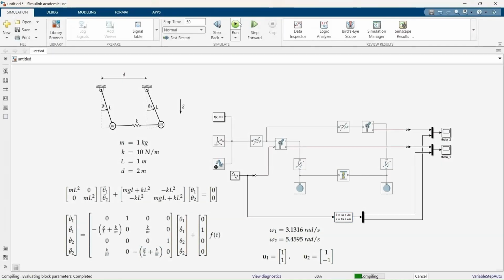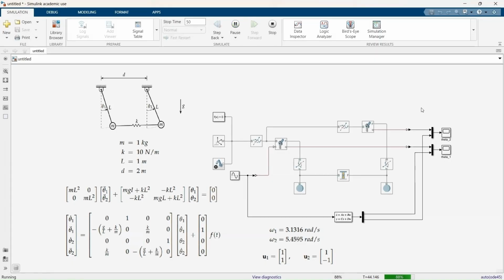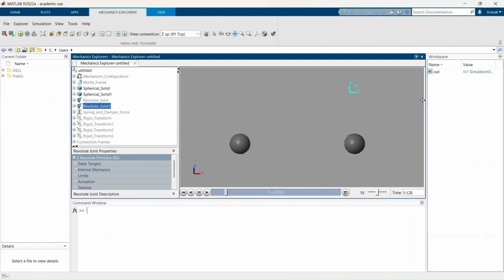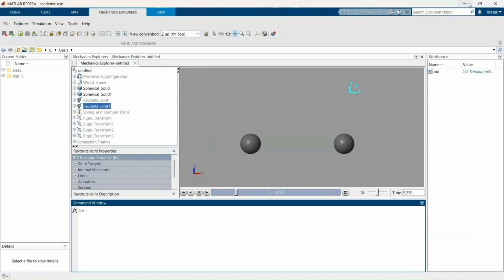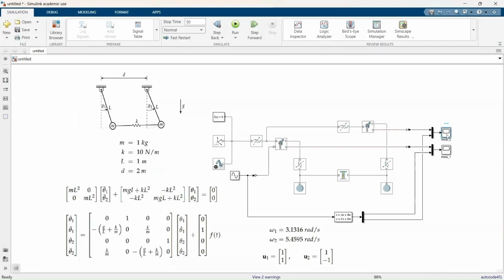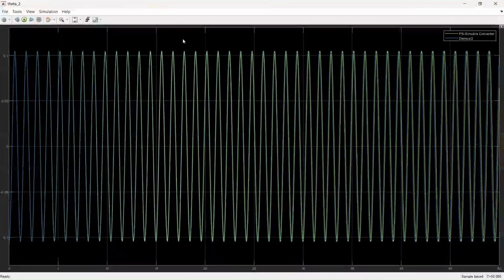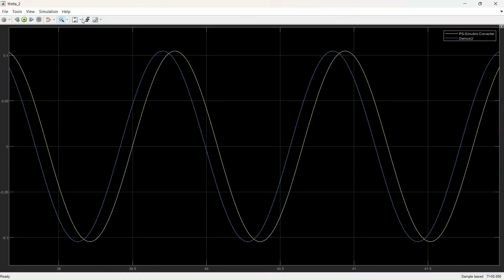Let's see. As you can see, the pendulums remain out of phase, and if you look at the time responses, you'll see they oscillate at a single frequency, which is the second natural frequency. And this clearly shows the difference between these responses building up over time.